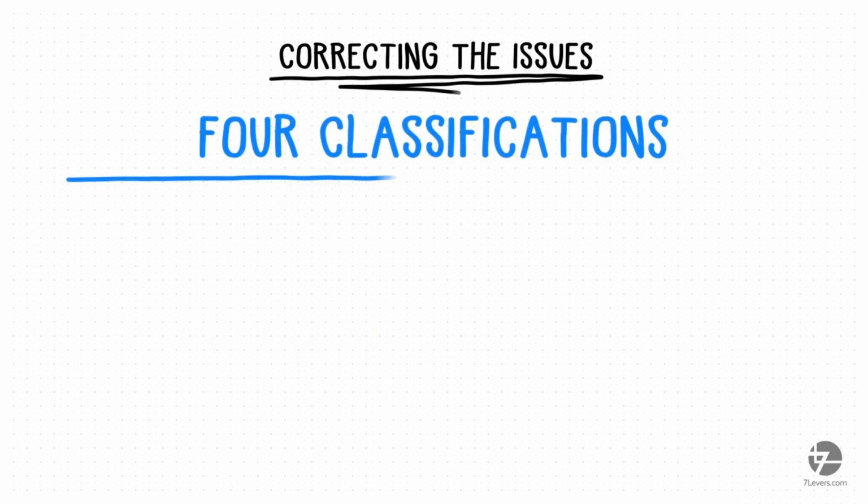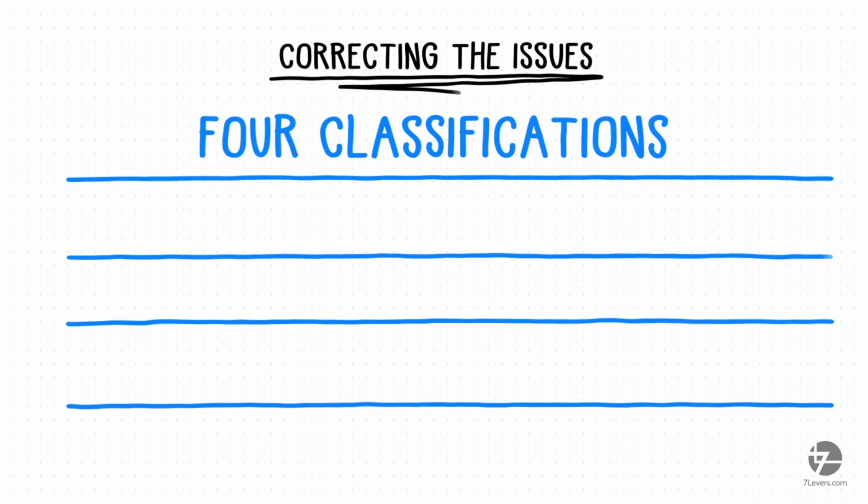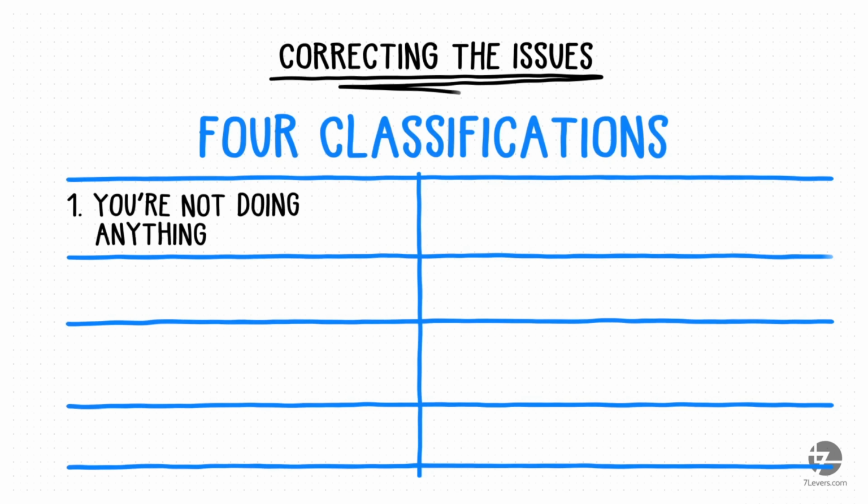The classifications that we use, we have 4, and I'm going to explain them to you now, and we're giving them very specific names. And then in the next lesson we're going to talk about what we do with each of those classifications. So as you review your notes from capture and calculate, look for these 4 different types of issues. And the first type of an issue is one where you're not currently doing anything for that lever.